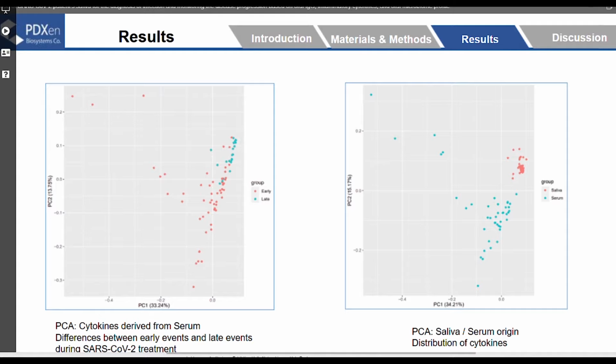That means we have a chance to examine cytokine levels to check the progression of SARS-CoV-2 infection and during treatment.